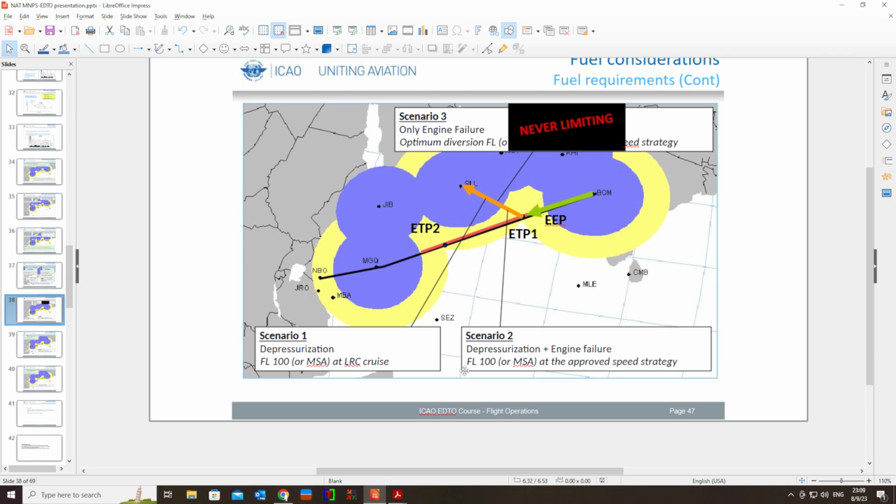And scenario three, which is the worst scenario for me, is the decompression together with an engine failure, and then you need to follow a specific speed approval, because you cannot go even LRC or faster or slower.